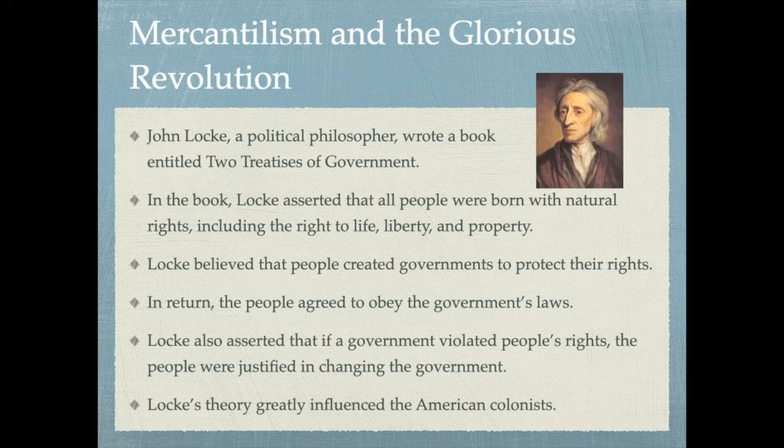In return, the people agreed to obey the government's laws. Locke also asserted that if a government violated people's rights, the people were justified in changing the government. Locke's theory greatly influenced the American colonists.